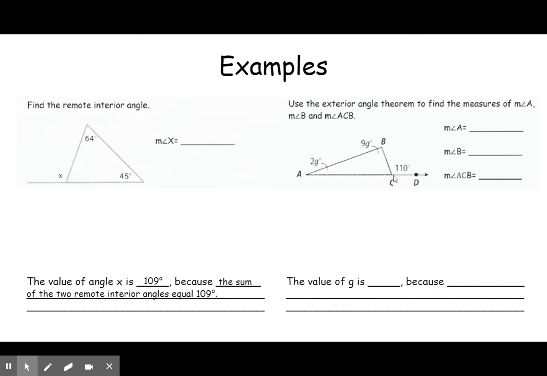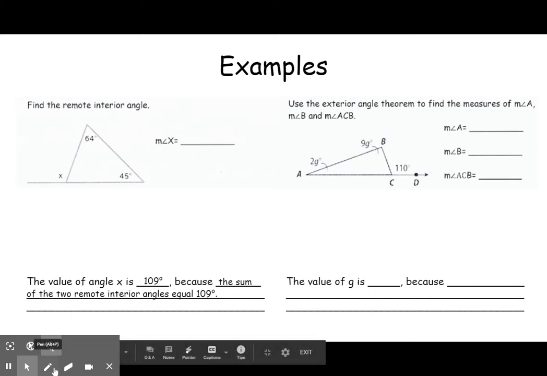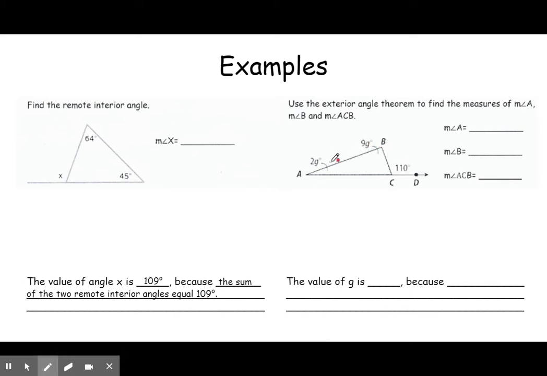This one's a little trickier because they didn't just give us values for our remote interior angles. We need to write an equation in order to solve for G. We know the exterior angle is equal to the sum of the two remote interior angles. So angle A, which is 2G, added to angle B, which is 9G, is equal to 110.